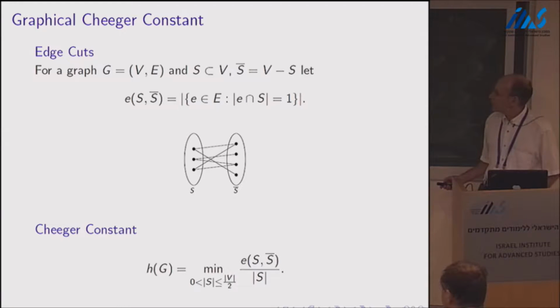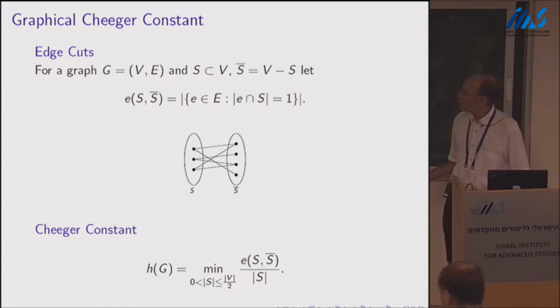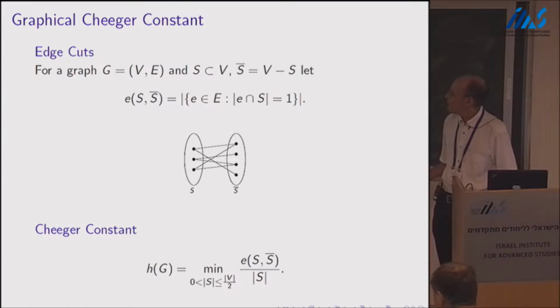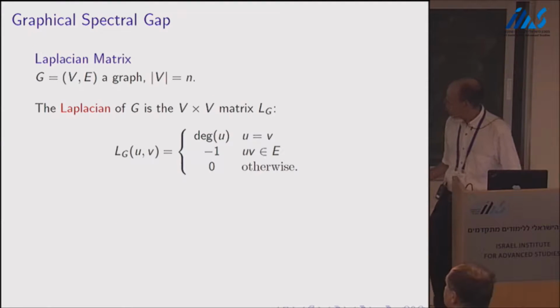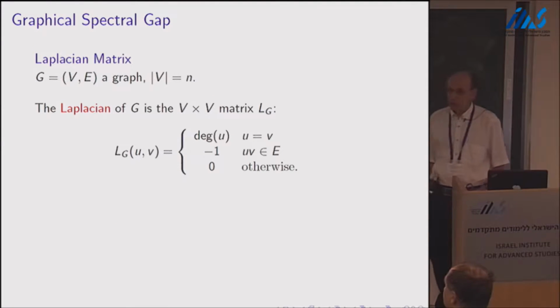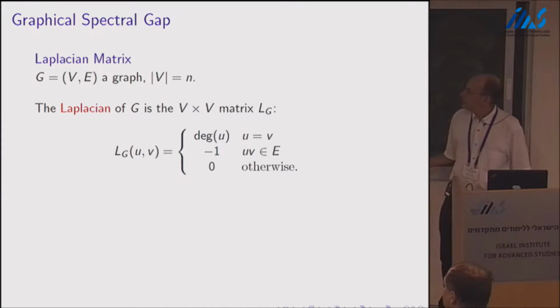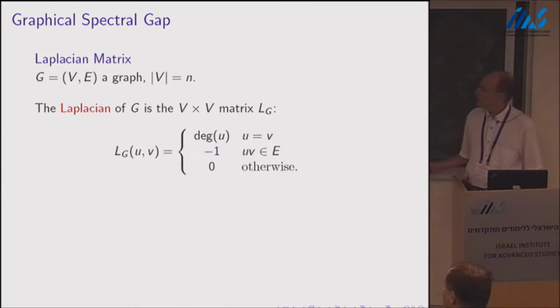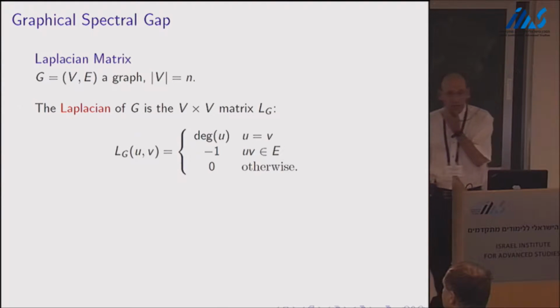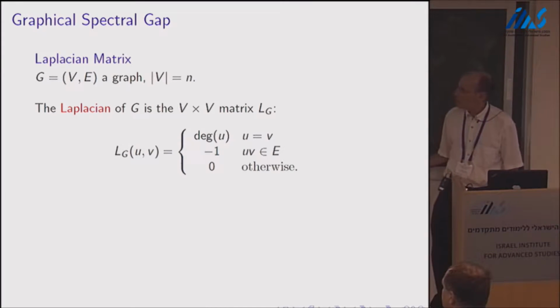Okay, we have another notion of expansion in graphs, and this is the algebraic expansion, or spectral gap. Here we look at the Laplacian matrix of the graph, so it's a V by V matrix that has the degrees on the diagonal and -1 in place UV, where UV is an edge, and 0 otherwise.